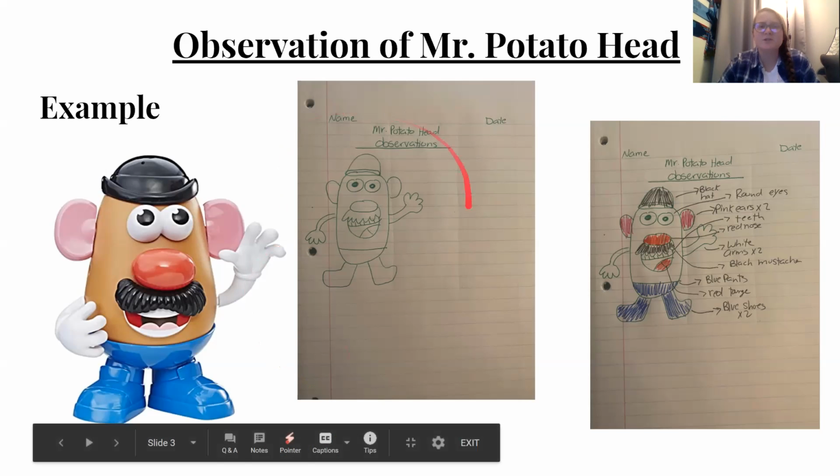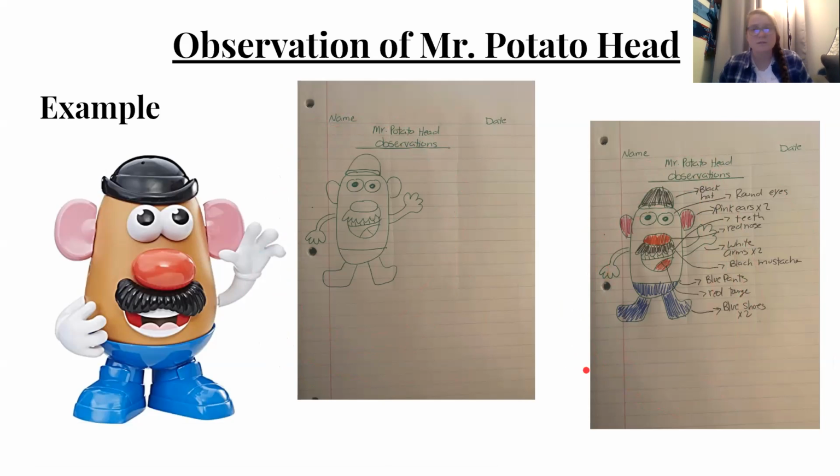So our step 1 is to draw Mr. Potato Head right here. Now, my step 2 was to color it. Miss Greer does best when she's coloring. All right, if you don't have crayons or if you don't want to color it, that's fine with you because we're going to be labeling the colors anyway.